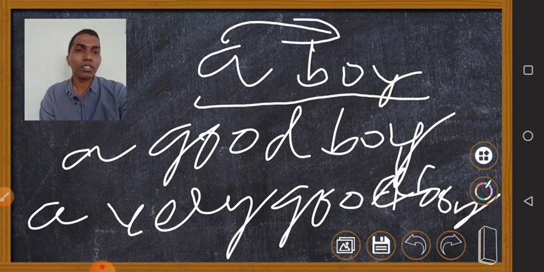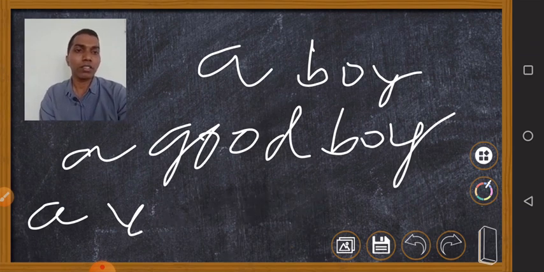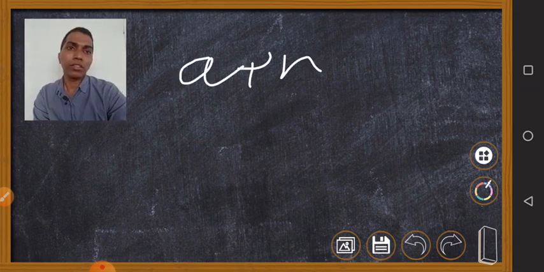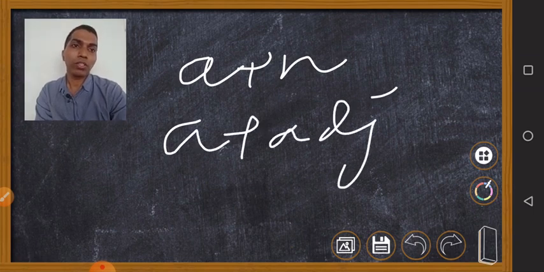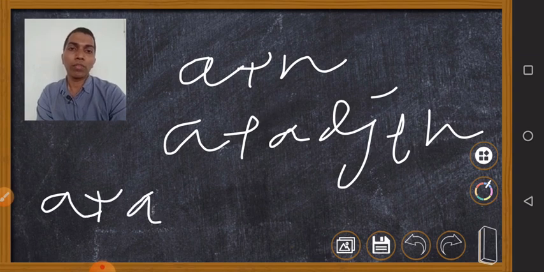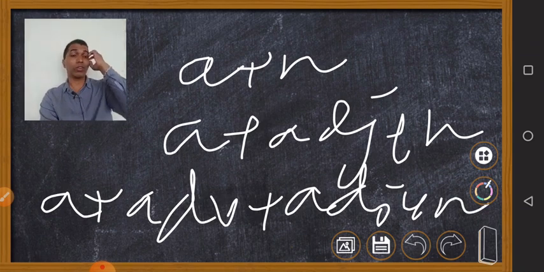Okay, I'll write what I have written. Okay, give me a second. Now, a boy is equal to A plus N. A good boy is equal to A plus ADJ plus N. A very good boy is equal to A plus ADV plus ADJ plus N. Look at these things inside the phrase.